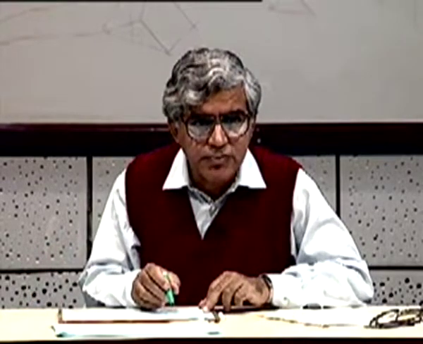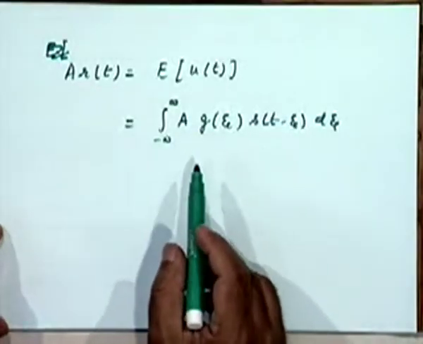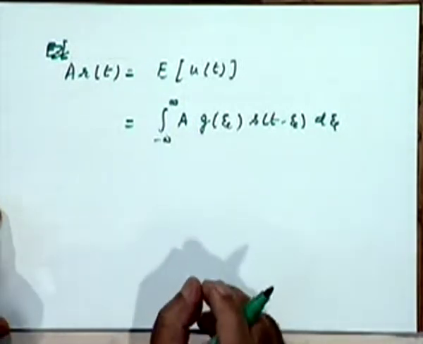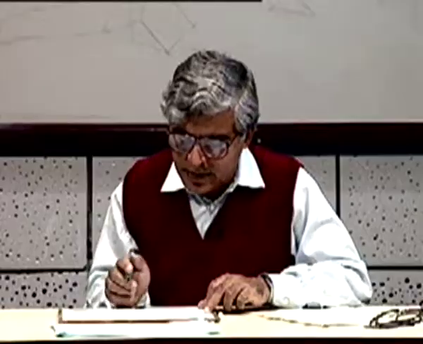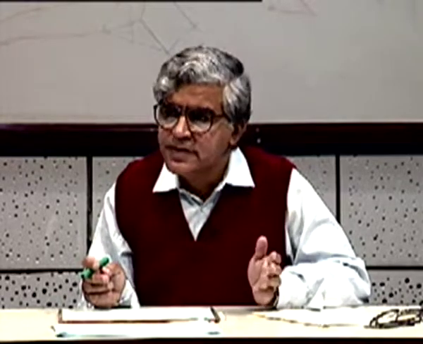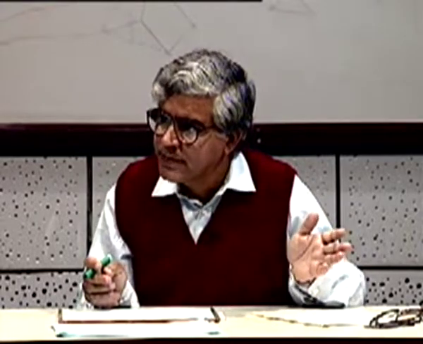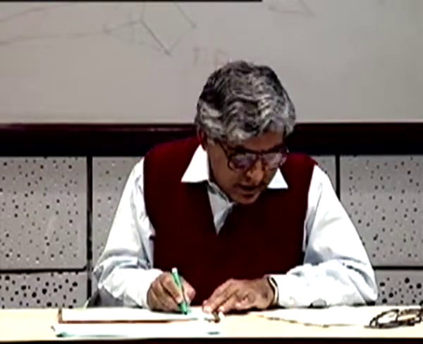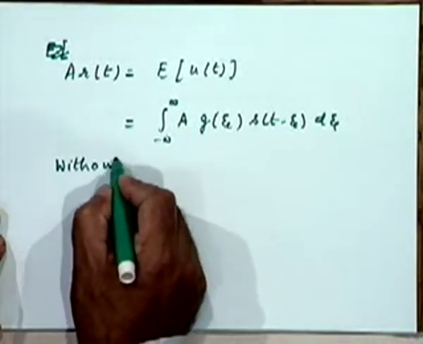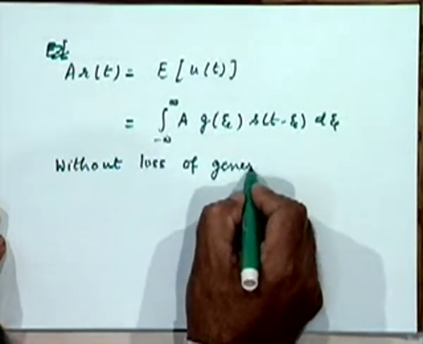Now, out of this waveform, the value which is going to really matter to our performance is the value at the sampling instant t equal to t0. So we don't really need to look at this mean value for all values of time. We only need to look at the mean value at the sampling instant. Now the sampling instant is under our control. If we assume that our pulse is sufficiently in the past, somewhere before t equal to 0, without any loss of generality, this assumption is not really required, but it slightly simplifies my analysis.